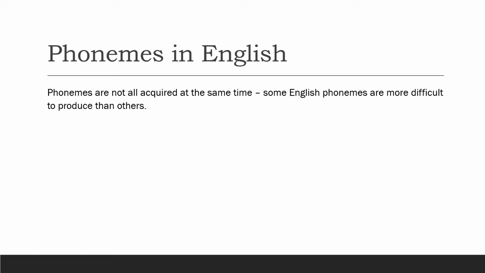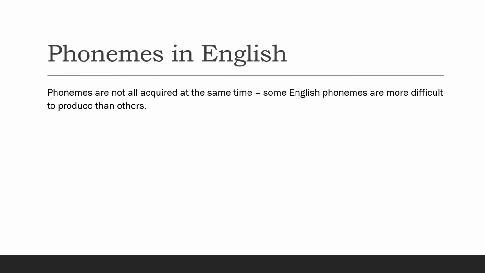So for instance we have pairs like p and b, where they both use both lips, they both are plosive sounds, but a p is unvoiced and a b is voiced, and that is that there is more vibration in the throat.